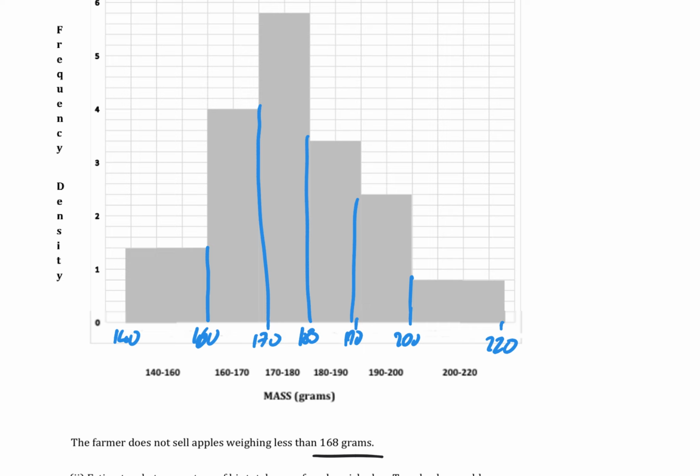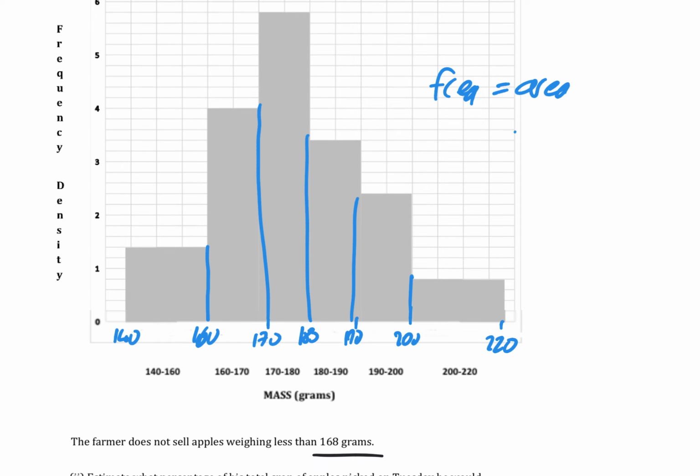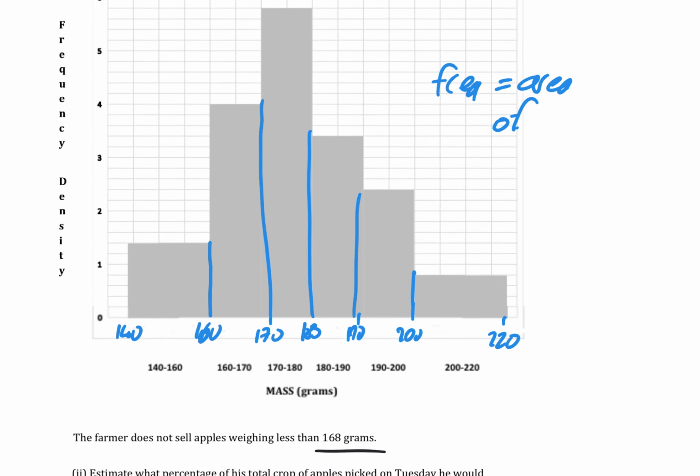Okay, now how do you find the frequency? Frequency basically is the area of the bar. So the first one was 1.4 times 20. The height is 1.4 and it's times a width of 20.